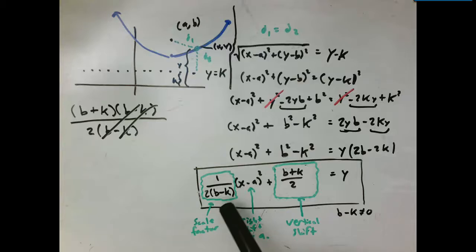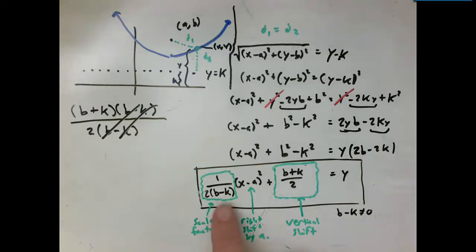And hopefully you see the answer now is no, because the numerator is 1. So it doesn't matter what you're dividing by, you can never make this equal to 0. It would be possible to make the denominator equal to 0 if b was equal to k. But a denominator of 0 would mean that this was undefined. It wouldn't be the same as the entire scale factor being 0.